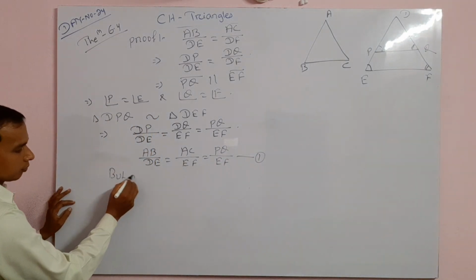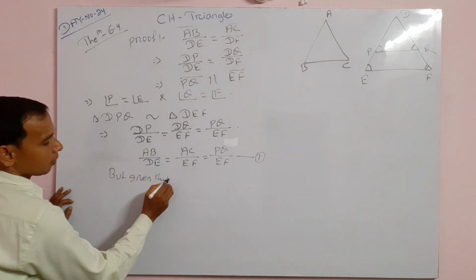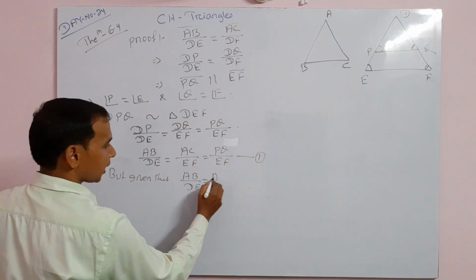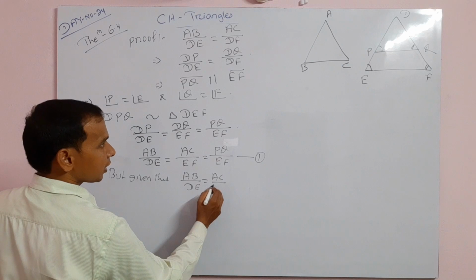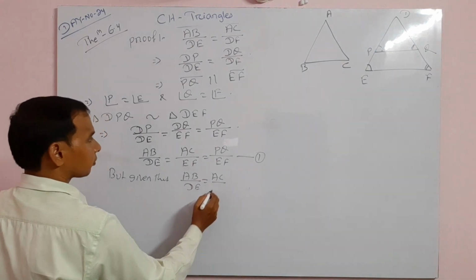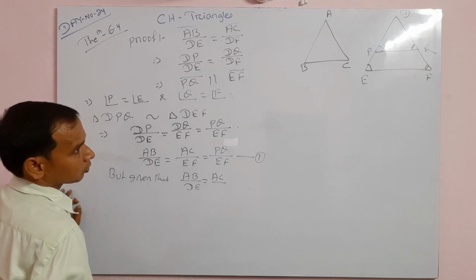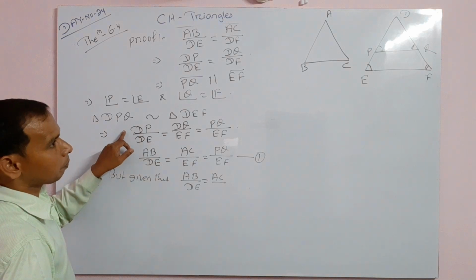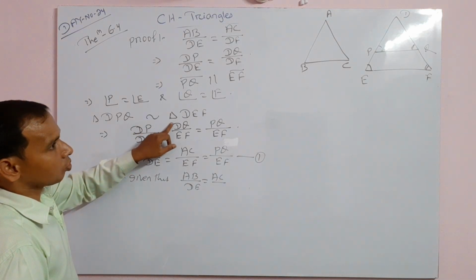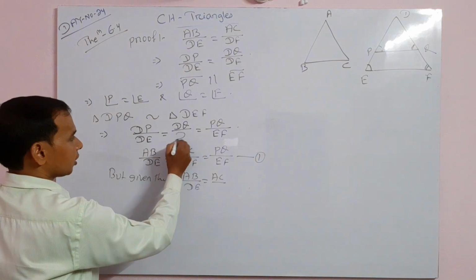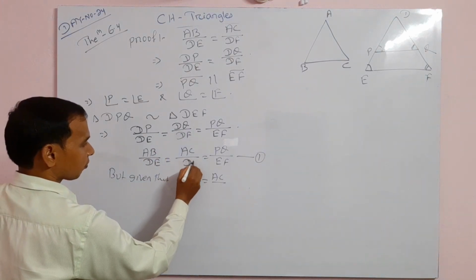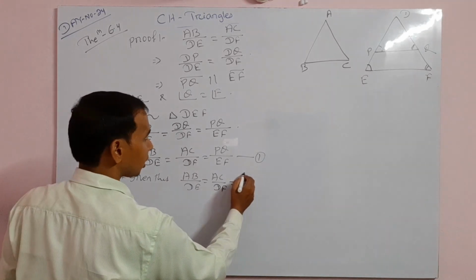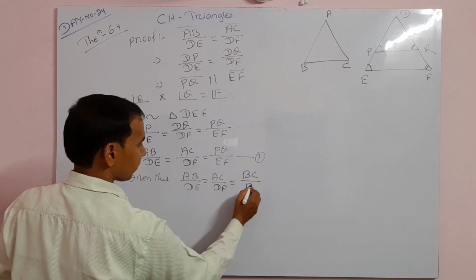But given that AB by DE is equal to AC by DF, here DP by DE equal to DQ by DF, not EF, sorry, DF. So AC by DF is equal to BC by EF.